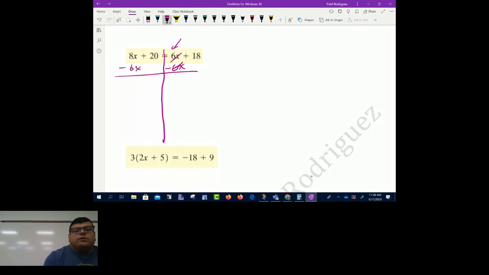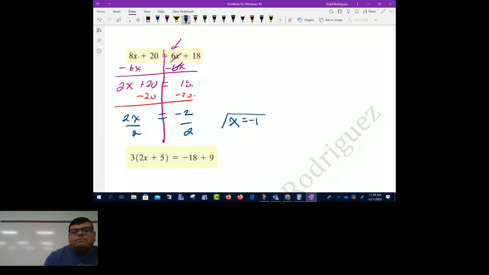So 8 minus 6, 2. Plus 20 equals 18. If it's a plus 20, we're going to go minus 20. 2x equals 18 minus 20, -2. Divide both sides by 2. Boom. -1.